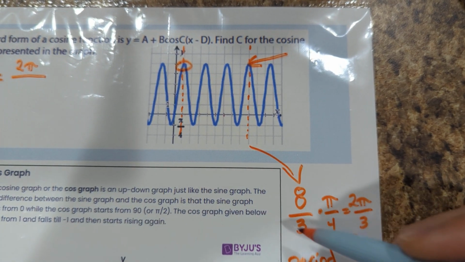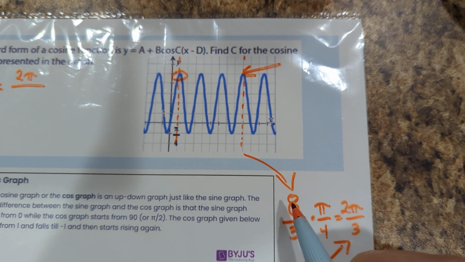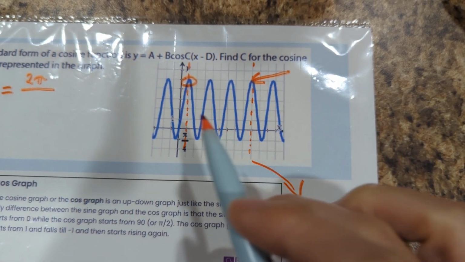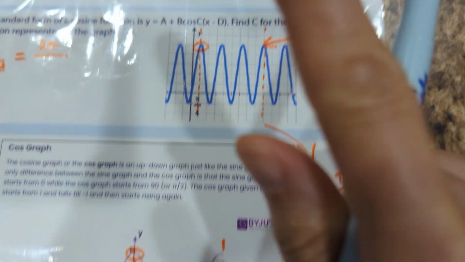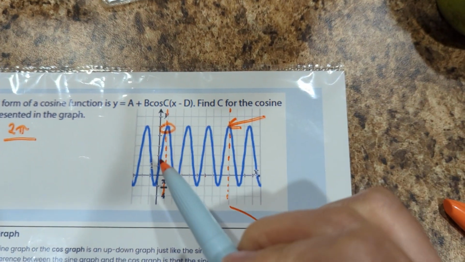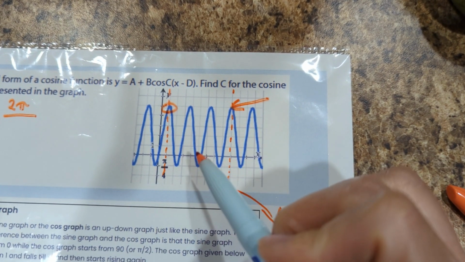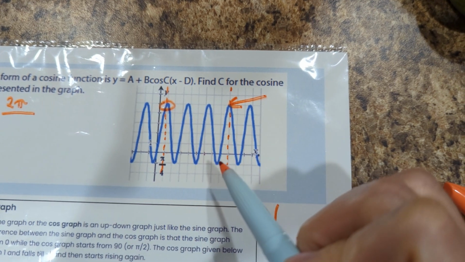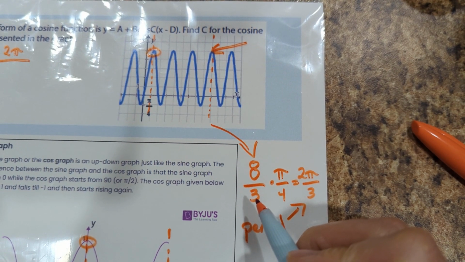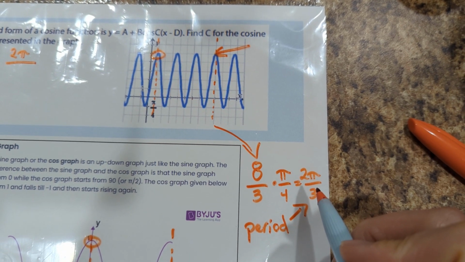So that's where I started doing this: 8 tick marks times pi over 4, but that's not one pattern, that's 1, 2, 3 patterns. So we have to divide it by 3 in order to get our actual period.